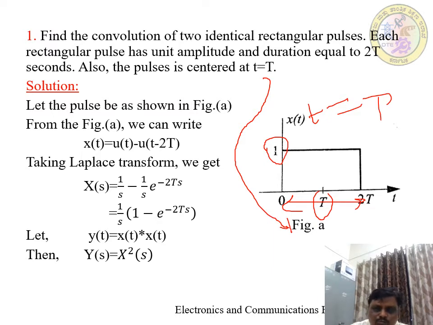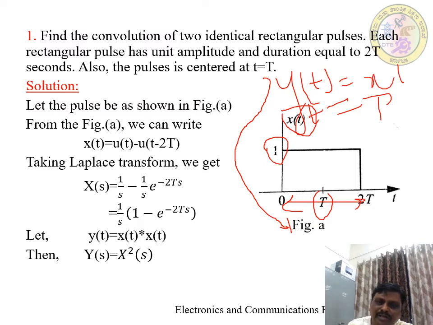And what is the question here? Find the convolution of this function, that is, when x of t is convolved with the same function x of t. What is the convolution, let us say y of t?